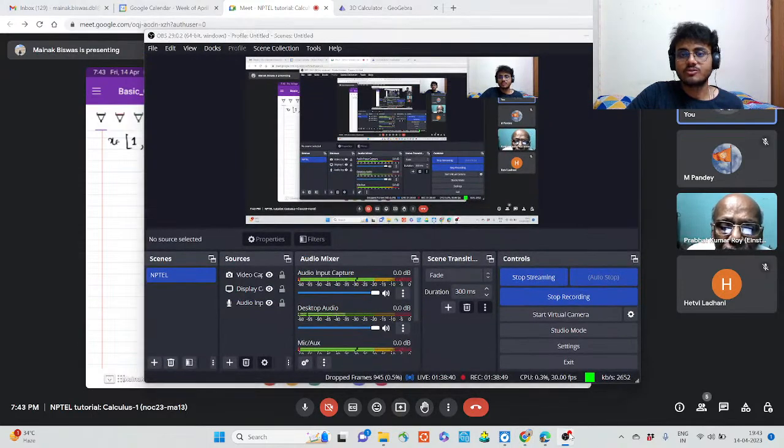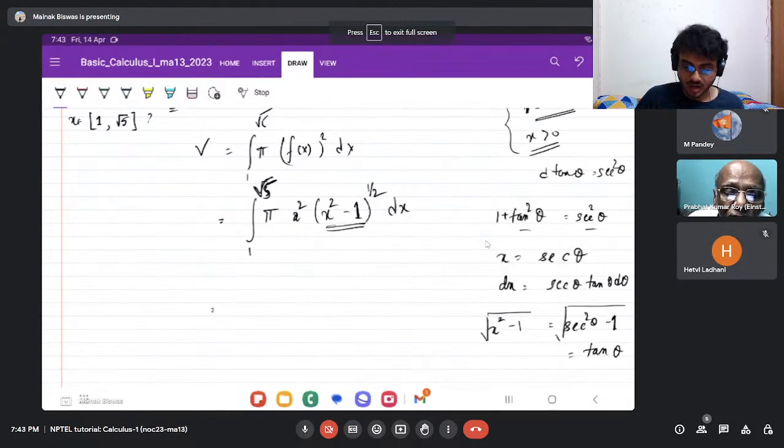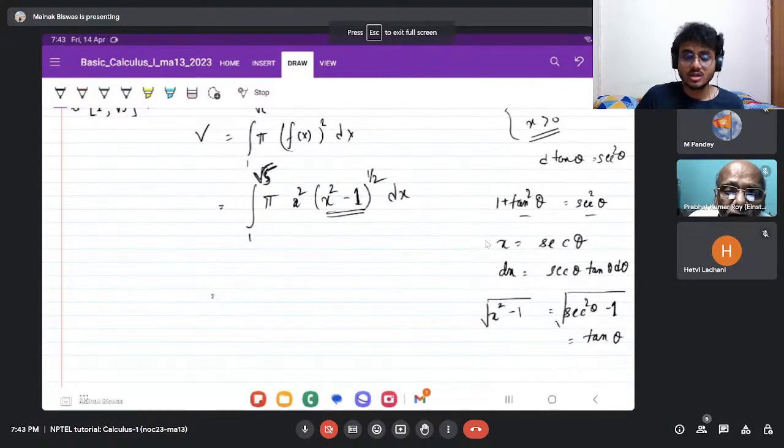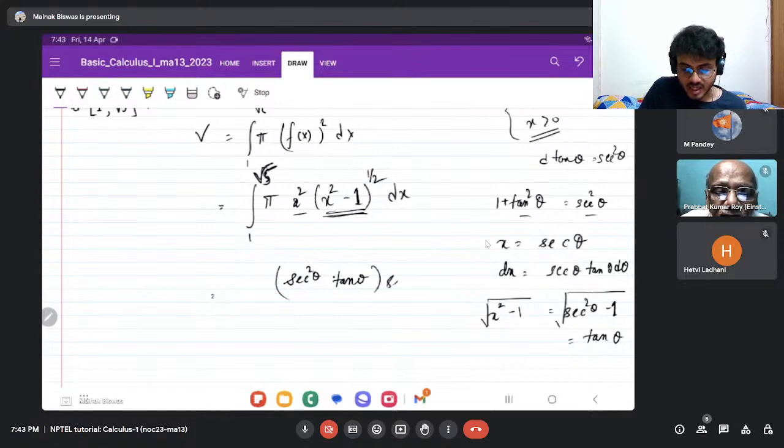After this it will become an integral of a trigonometric function. So you see x square is sec square theta. From this root you get tan theta. From dx you get sec theta tan theta d theta, right?